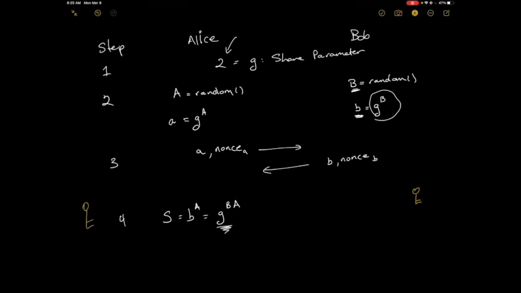And if Bob does the same thing, taking Alice's public key, A, and raising it to his private key, B, then since Alice's public key is G to the A, this is equivalent to G to the A, to the B. And this is the same thing as G to the BA. So now we have two keys that are the same value. These two values, S, our secret keys, are the same.